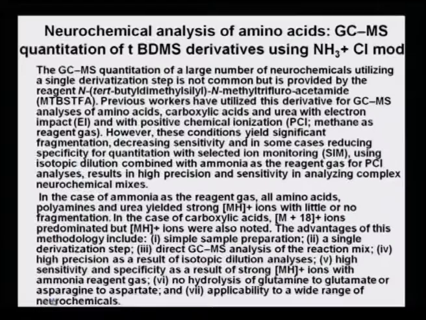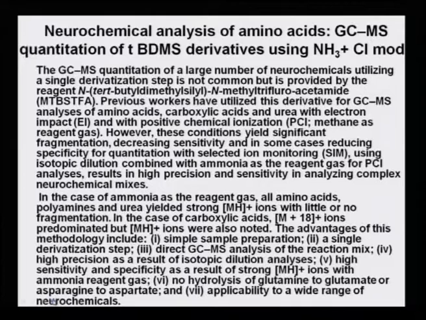Another example where more adaptation of GCMS and a very specified use of GCMS has been brought into notice is the neurochemical analysis of amino acids. And in many cases derivatizations are carried out because the compound per se is not really a suitable material to be detected by GCMS alone.